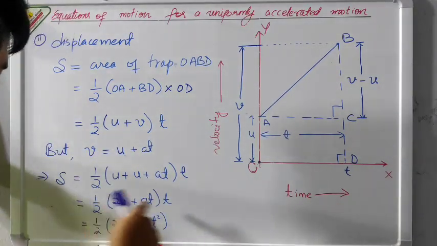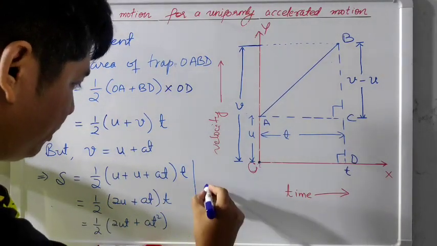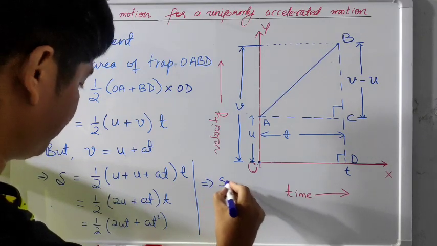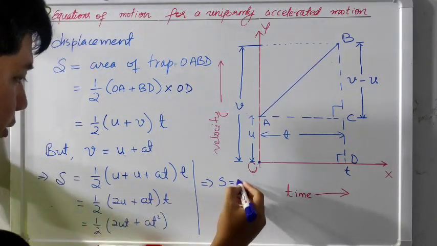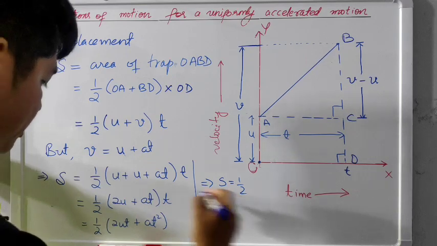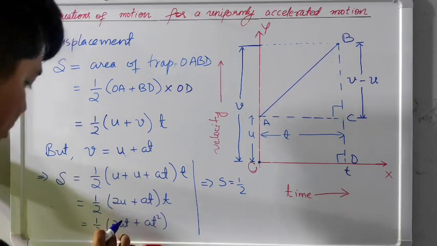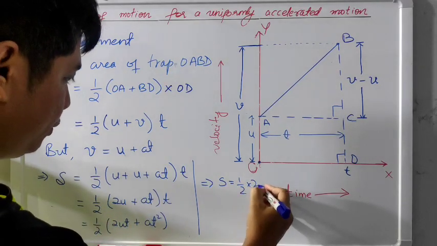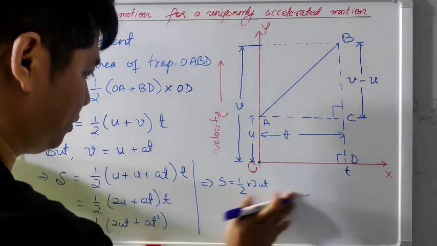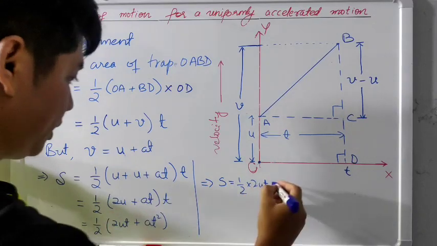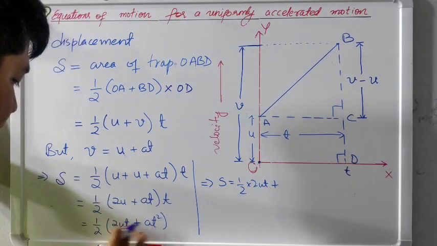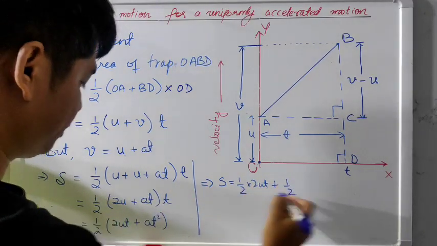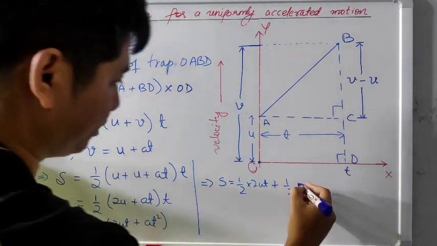Implies s equals half, let me break the bracket, half into 2ut plus half into at square.